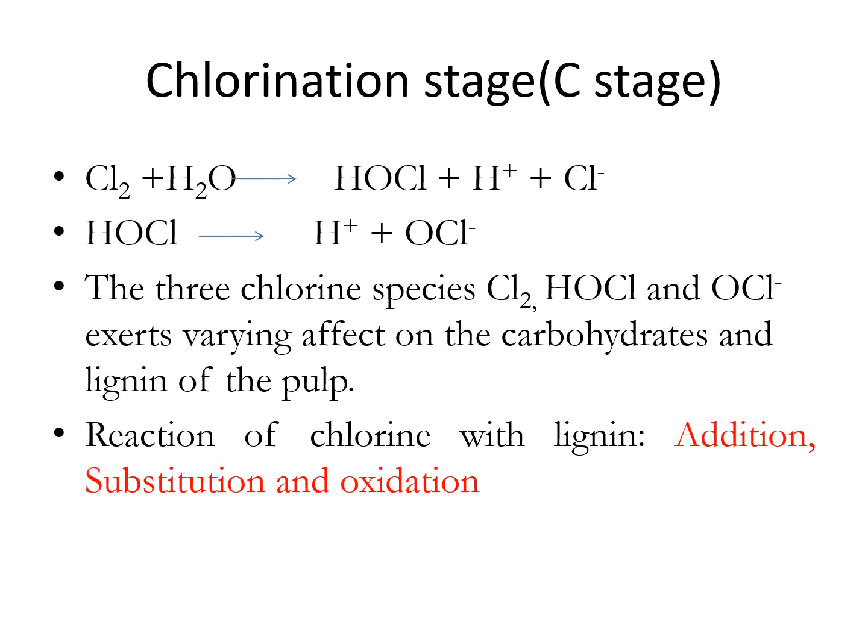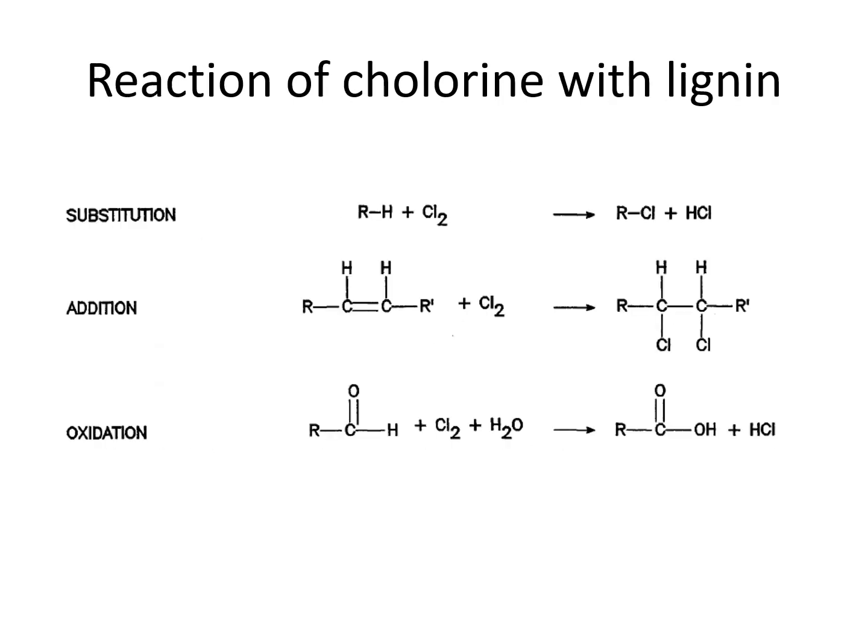This indicates that hypochlorous acid degrades the cellulose most. The reaction of chlorine with lignin can occur by different chemical reactions like addition, substitution and oxidation, and we'll be learning that in the next slide.